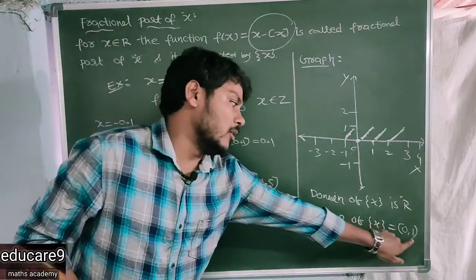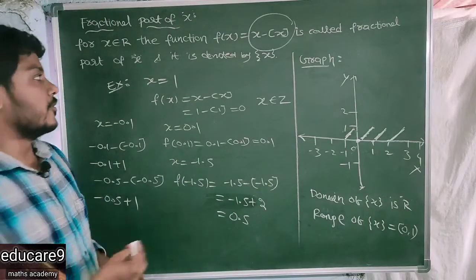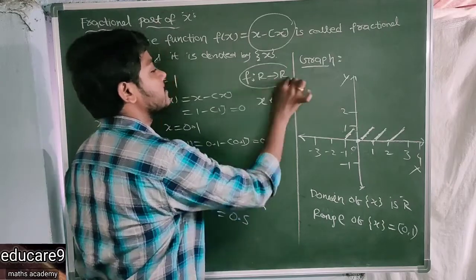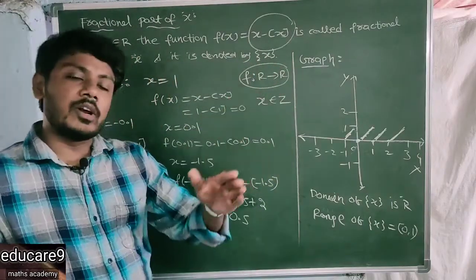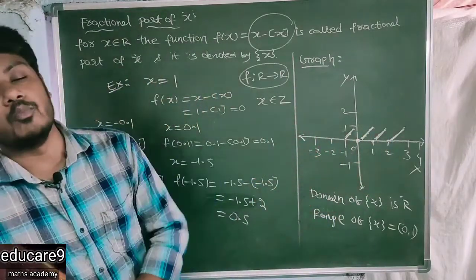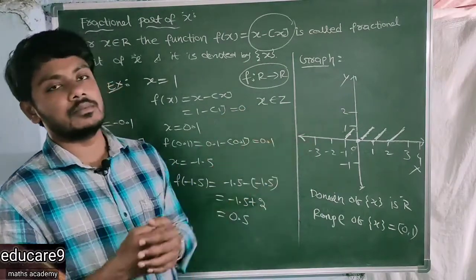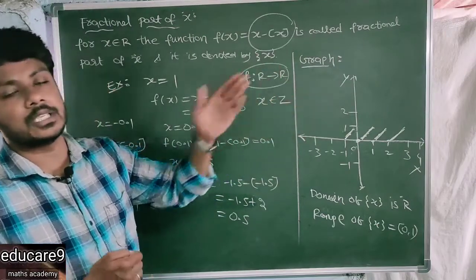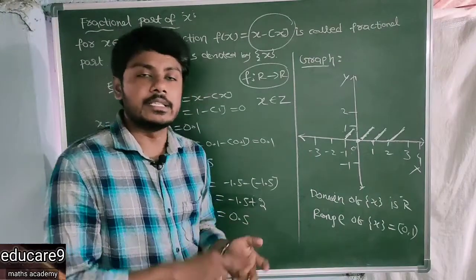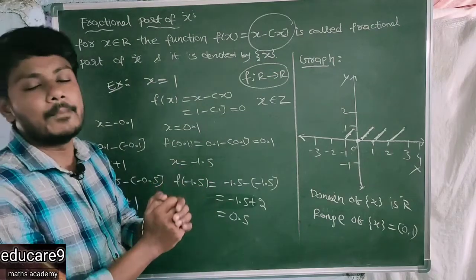That's why I write the open bracket. This is the domain and this is the range. Here f from R to R is the function. Now is it one-one or not? If you draw horizontal lines, those lines touch the given graph at more than one point. So clearly it is not one-one and not onto also. So the fractional part of x is not a bijection. Greatest integer function, least integer function and fractional part of x, these three are not bijections.